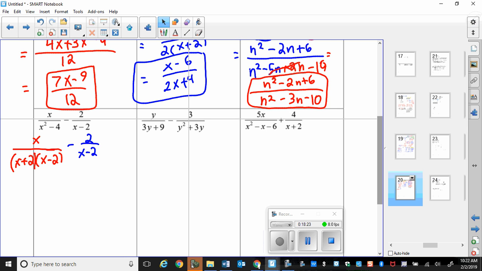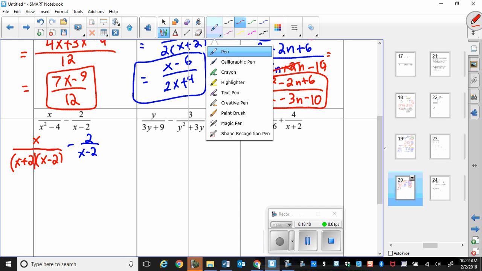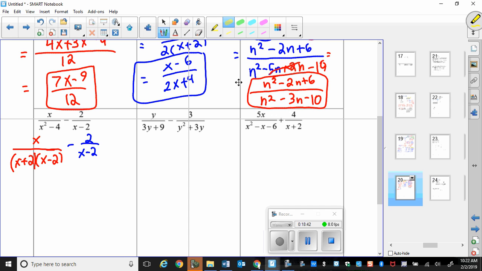So what I'm going to do, I already made you go around the world to do a lot of work to be able to look at how I can make these denominators create a lowest common multiple. So what doesn't one side have that another does? So things that are the same, x minus 2 is the same for both denominators. Things that are not the same is x plus 2.